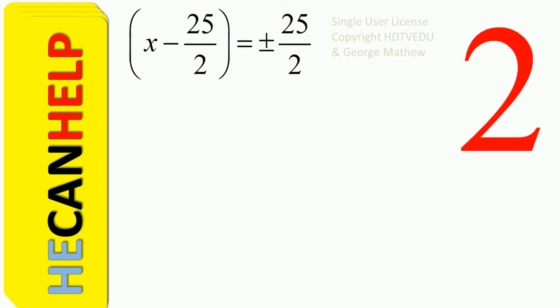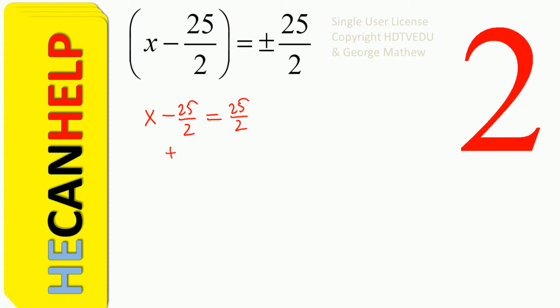So x minus 25 over 2 equals plus or minus 25 over 2. Let's take the red solution. What do we get? X minus 25 over 2 equals, let's go with the positive, 25 over 2.